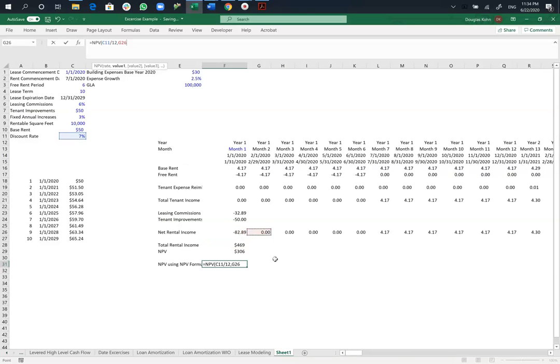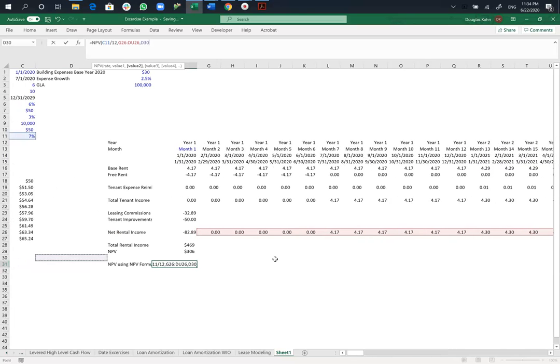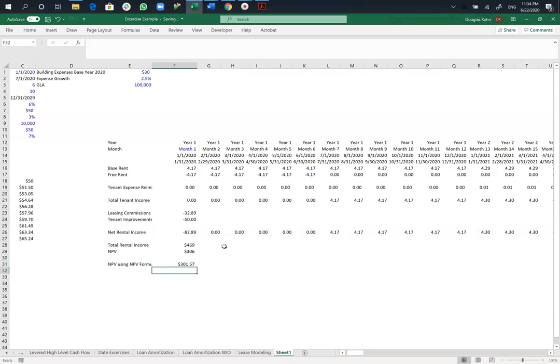Start from period 1, or sorry, really period 2, but for expediency's sake, we'll say period 1. And then you need to add back the initial period. You get 301. I know it looks weird, but these two numbers are always going to be a little bit different.